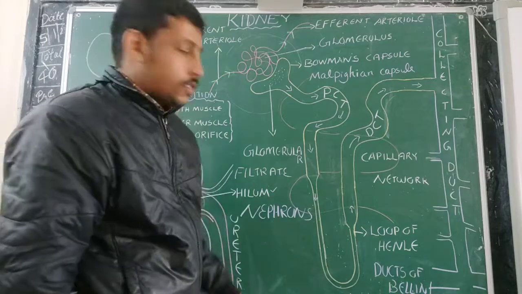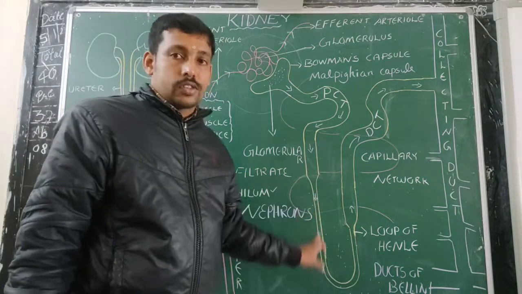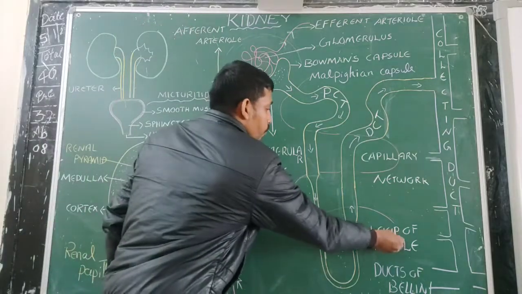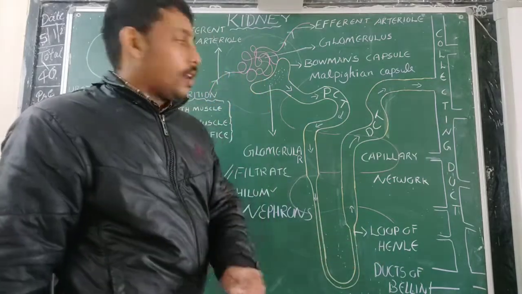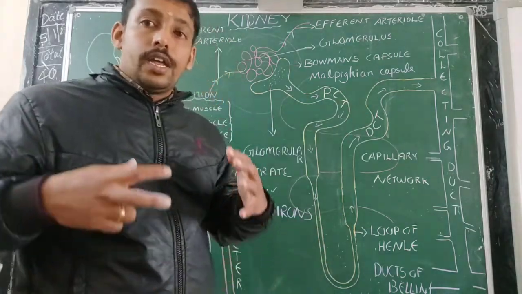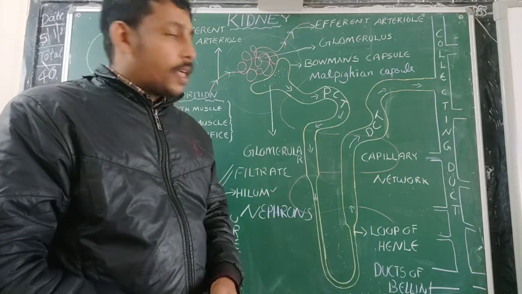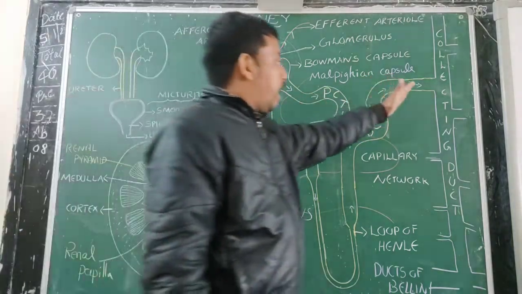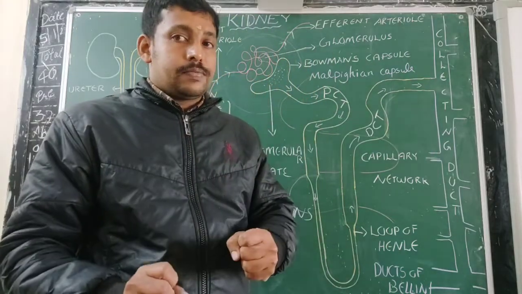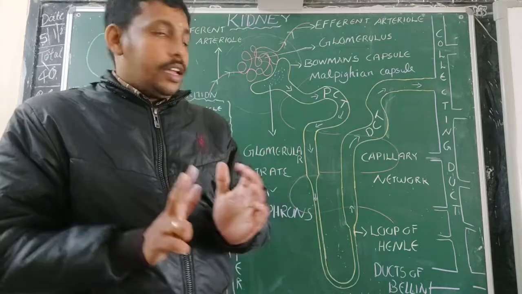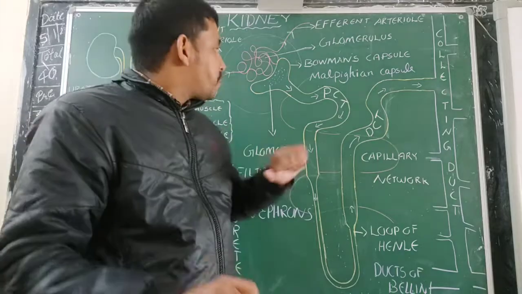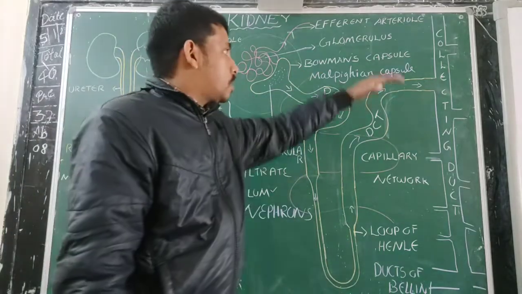In between them there is a U-shaped loop, and that U-shaped structure is known as the loop of Henle. PCT, loop of Henle, and DCT constitute what? The renal tubules. This renal tubule enters into a large duct known as the collecting duct. So the nephron contains the Malpighian capsule or Malpighian body, the renal tubules, and the collecting tubules.